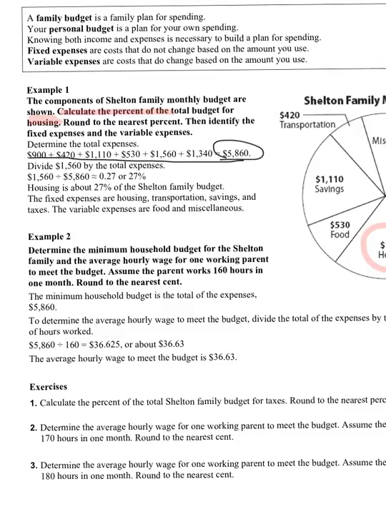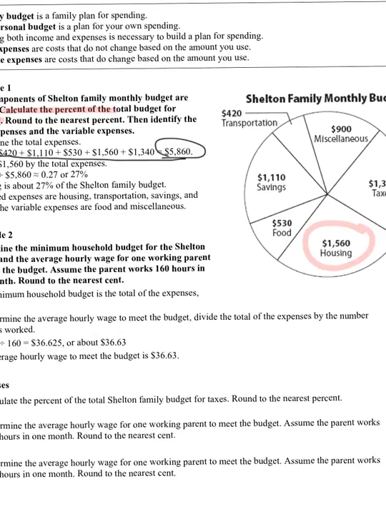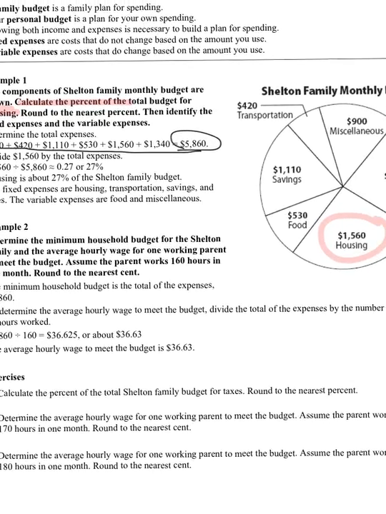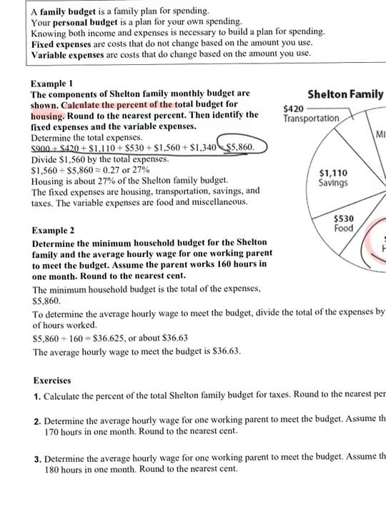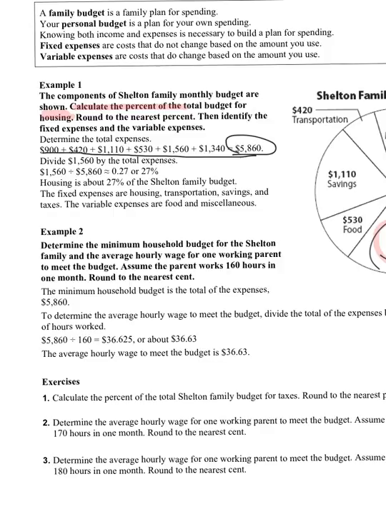So what we're going to do is divide what we got for housing right here. Housing is 1,560. We're going to divide that by the total expenses, the budget, 5,860.